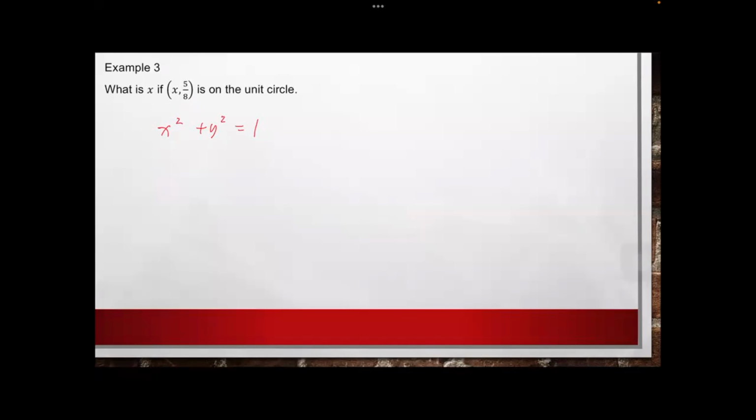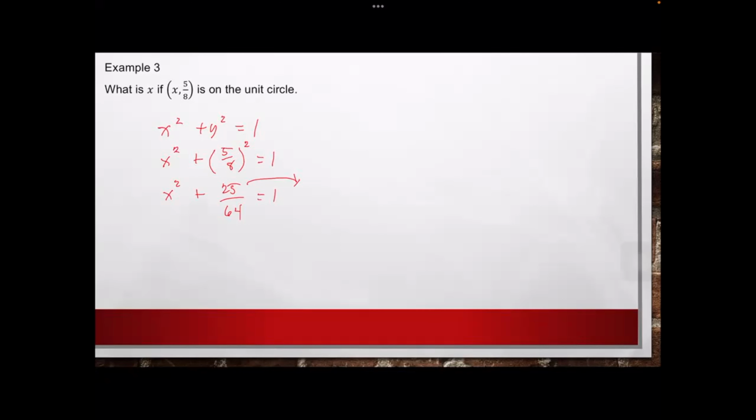Your x stays x, so x squared plus 5 over 8 squared is equal to 1. This will be x squared plus 25 over 64 is equal to 1. Then we move it over.